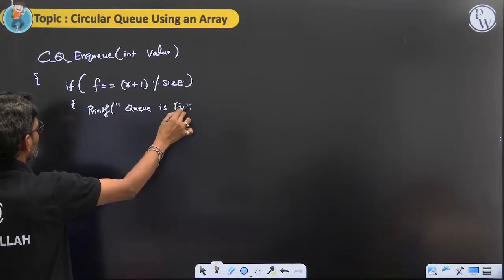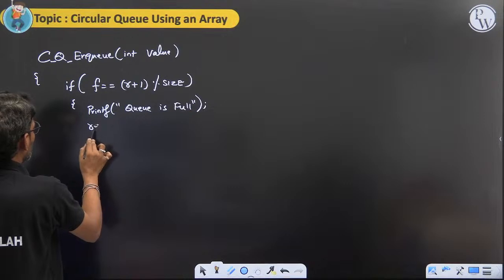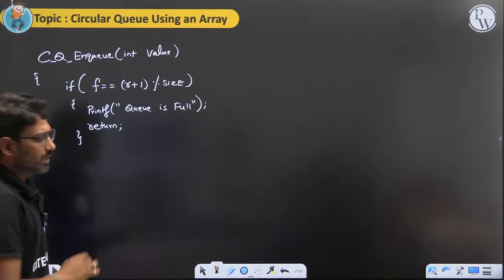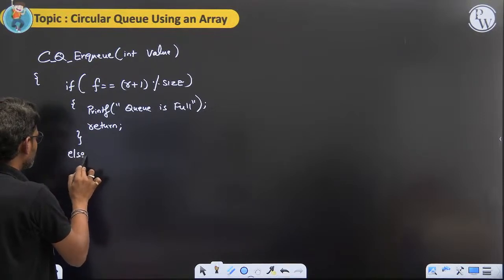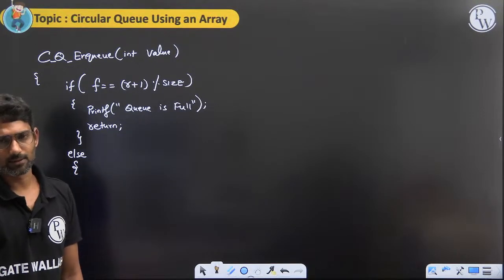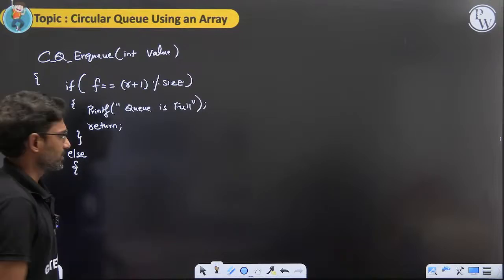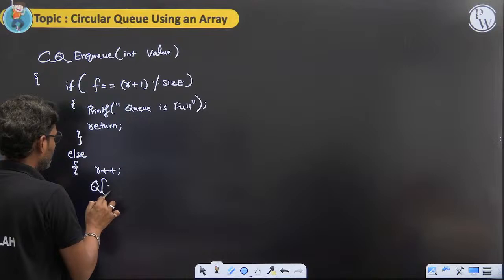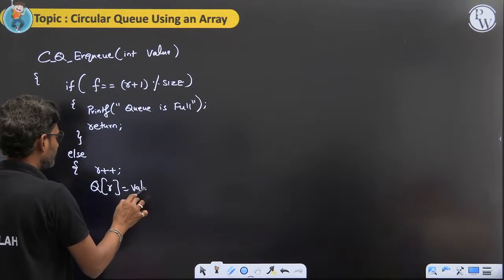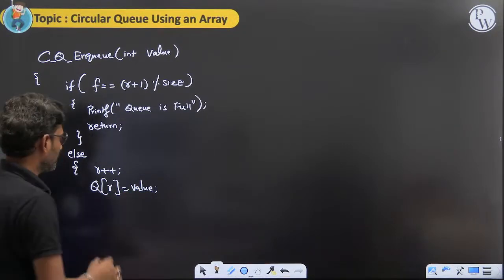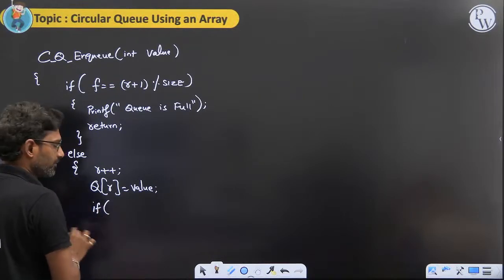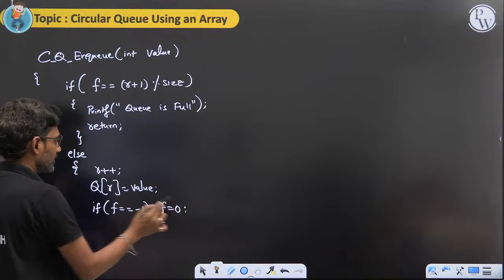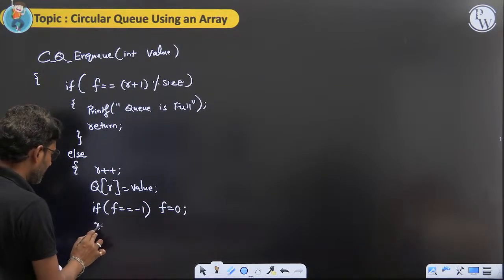This is a case of overflow. You will not be able to perform the enqueue operation, so return. Else you will be able to perform insertion. How? Rear plus plus, queue of rear is equal to value. Before you return, you should check if front is equal to -1, then set front to 0. Now you can return.